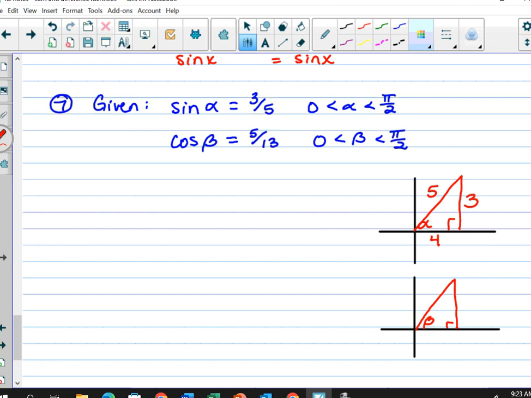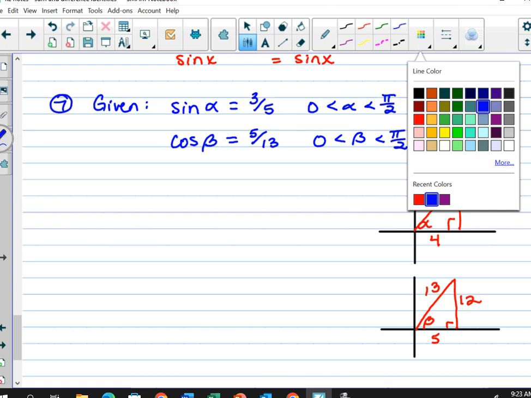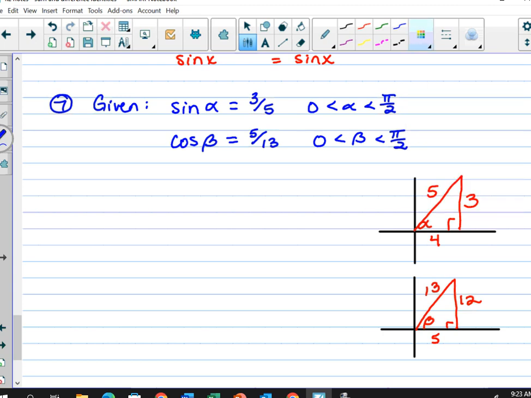Is the hypotenuse ever negative? No. Okay, just making sure we got that. All right, so for beta, we know the cosine of beta is 5 over 13. So adjacent is 5, hypotenuse is 13. What is the other side? 12. Okay. That's using the given information.